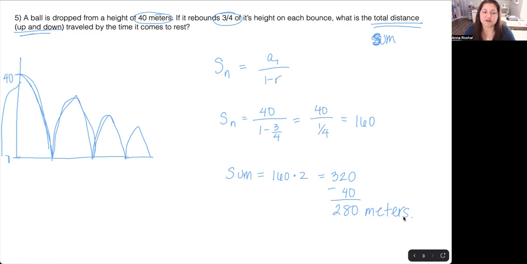But essentially, you need to understand that you're finding the sum, and the sum is going up and down, except for the very first up. We're not doing that up. We're going from here down, and then it's not just going to be down, down, down every time. We have to go up, up, up also, which is why I'm multiplying this by 2. And then I'm taking away that original 40 because I don't have to go from 0 all the way up.